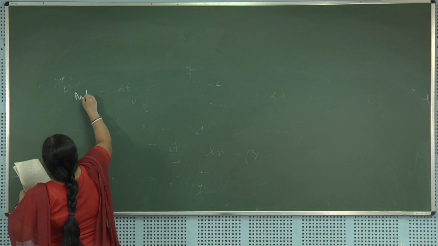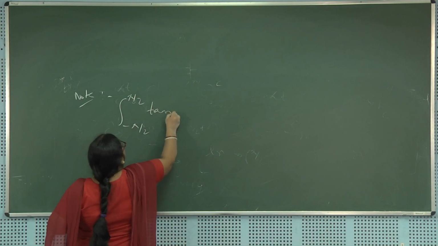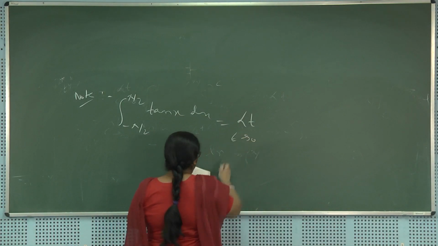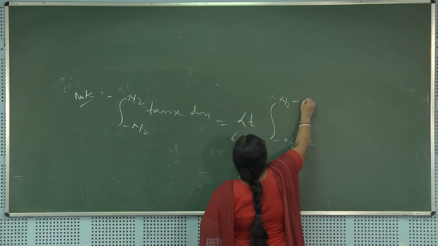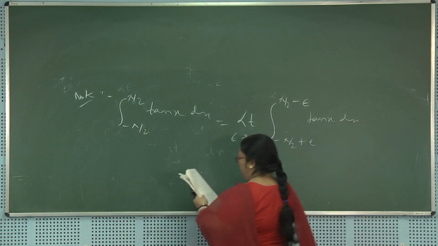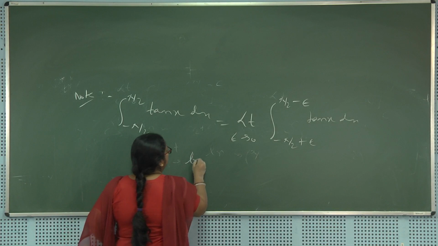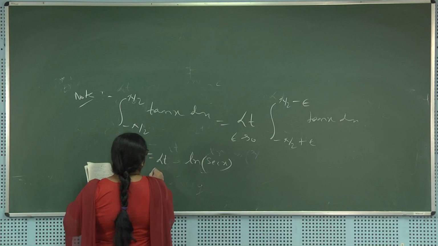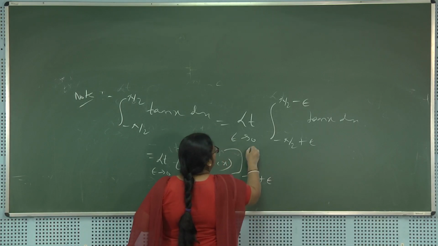Note, if we write the integral from minus pi by 2 to pi by 2 of tan x dx to be the limit as epsilon tends to 0 of the integral from minus pi by 2 plus epsilon to pi by 2 minus epsilon of tan x dx, then this is nothing but the integration of tan x, which is log of sec x, limit epsilon tends to 0, from minus pi by 2 plus epsilon to pi by 2 minus epsilon.